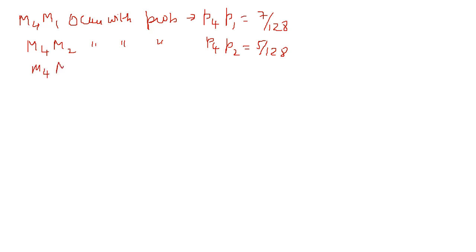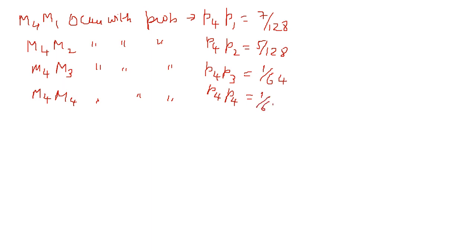M4, M3 will occur with probability P4, P3, which will be equal to 1 by 64. Similarly, M4, M4 will occur with probability P4, P4, which is equal to 1 by 64.